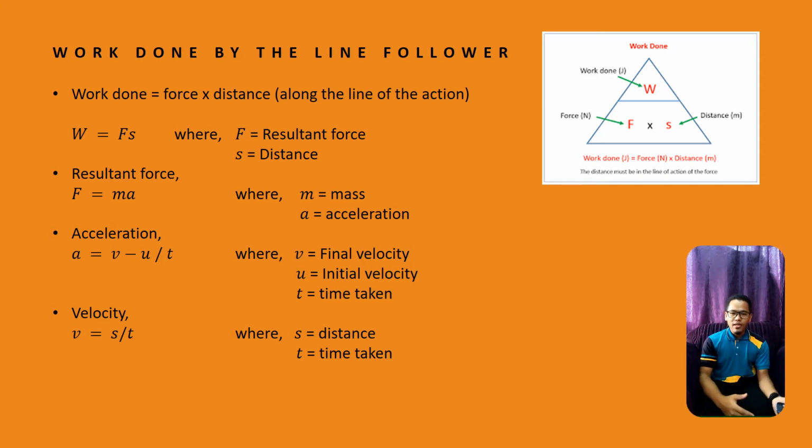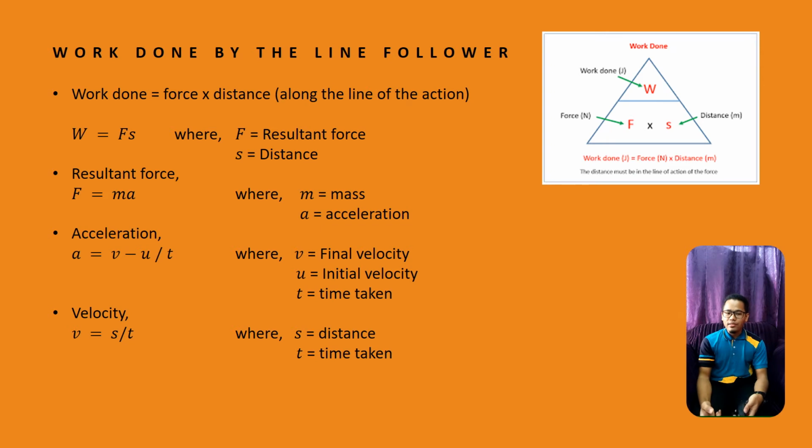Therefore, the work done formula is W equals F times s, where F is the resultant force and s is the distance. The resultant force is F equals ma, where m is the mass and a is the acceleration.